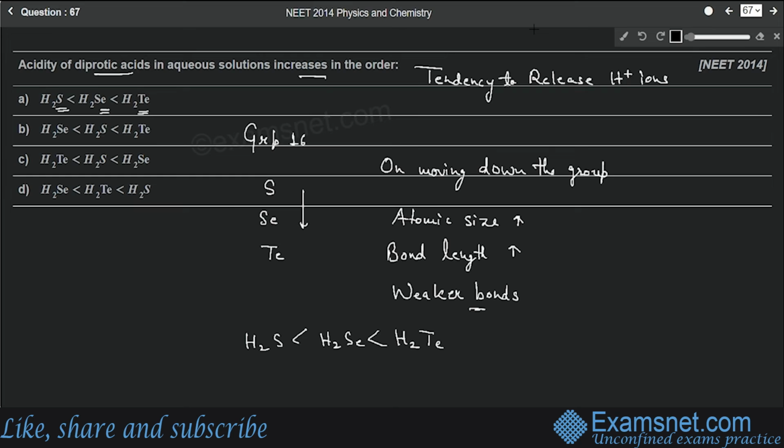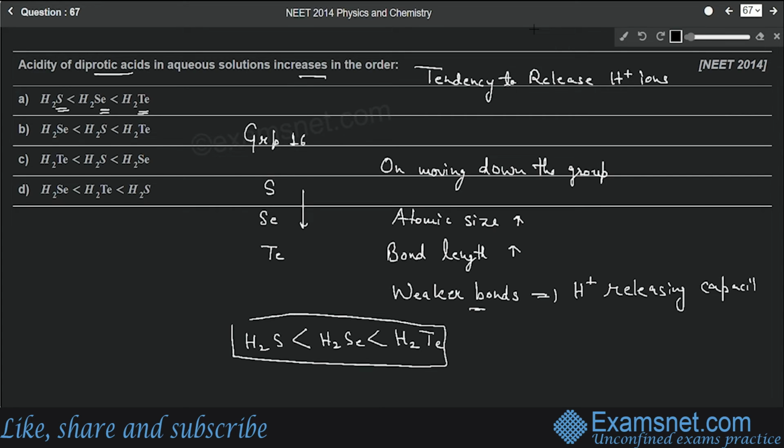So this will be the sequence of acidity, because as the bond will become weaker, the hydrogen ion releasing capacity increases, because the bond is able to break easily, so H plus ion will be released very easily. So this is the correct sequence of acidity. That means option A will be the correct answer.